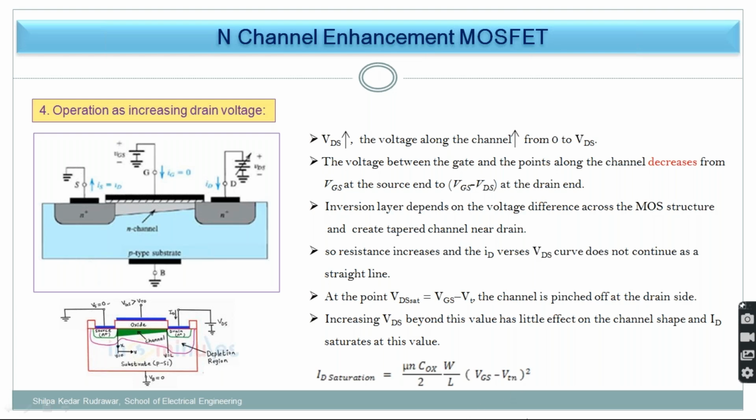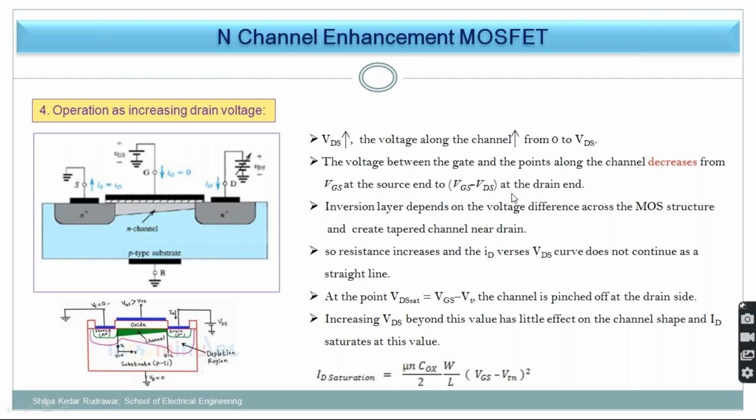So ideally there is no effect of VDS on drain current in saturation. Again I am repeating this point, this is very important. In the saturation region there is no effect of VDS, that is the drain to source voltage, on drain current. Your drain current is independent of VDS. I am increasing VDS again and again, there is no effect, my current is already saturated.